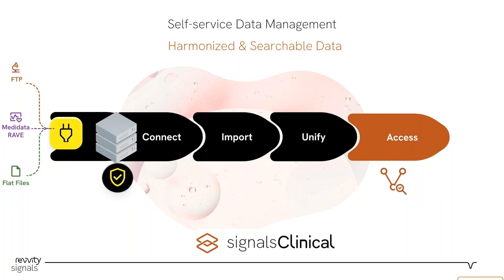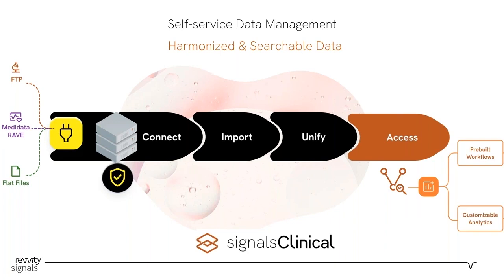And then you access it for pre-built workflows like I showed you, funnel it into a workflow you've already done, or create your own analytics layer. And actually, one thing I didn't mention when I was setting up the Signals Clinical project is that once you've set up your data and all your data sets, you can set up a schedule.